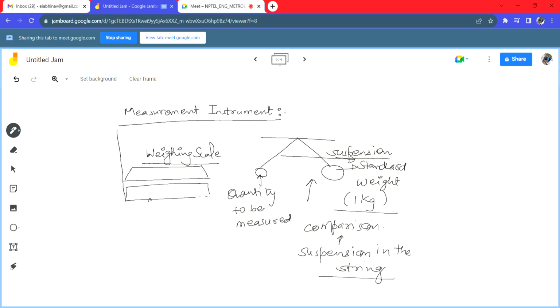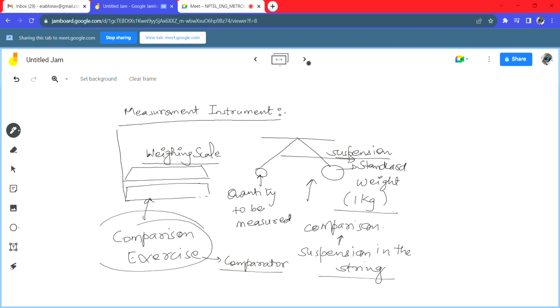Now when we are doing something of the same sort with the weighing scale or electronic weighing scale, we essentially have to do this comparison exercise. No instrument can measure a value without this comparison. We always have to do this comparison, and we always have to do this with the help of a comparator.